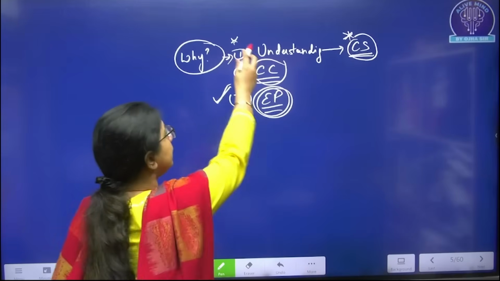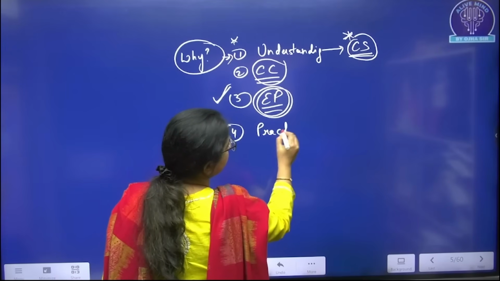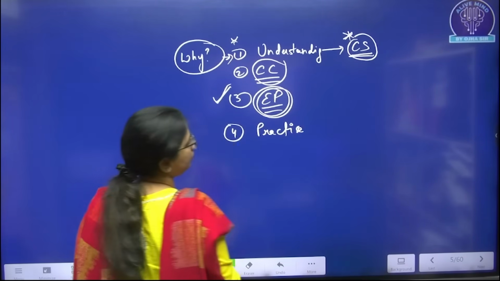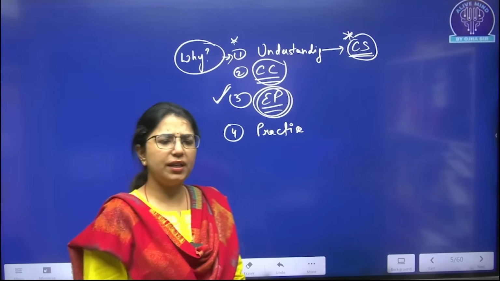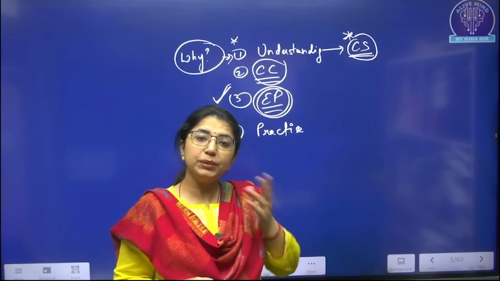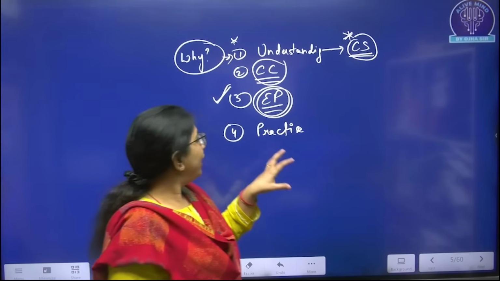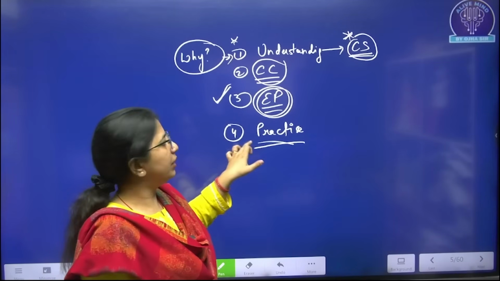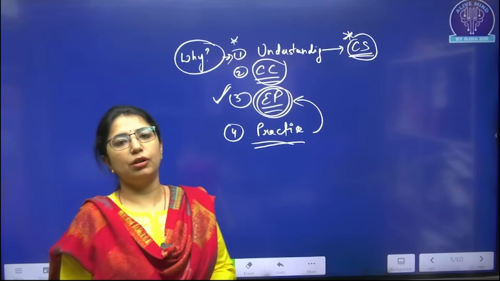And after these 3 things, the last will be practice. Now I know chapter 1 contains these 5 topics, and out of these 5 topics, I also know what themes need to be taken care of. Then I'll practice on them, to make my elimination process very strong.